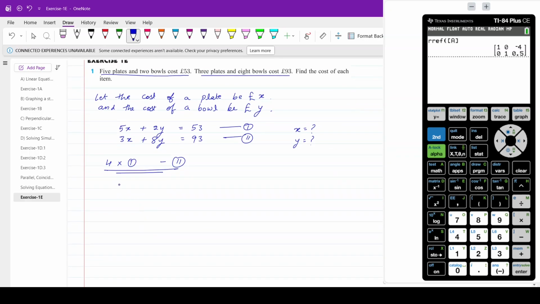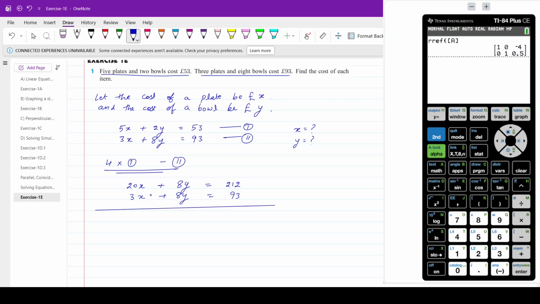That will be 4 times equation 1, which is 4 times 5, so 20x plus 8y is equal to 4 times 53. That will be 212. We'll keep the second equation as it is. That will be 3x plus 8y is equal to 93.